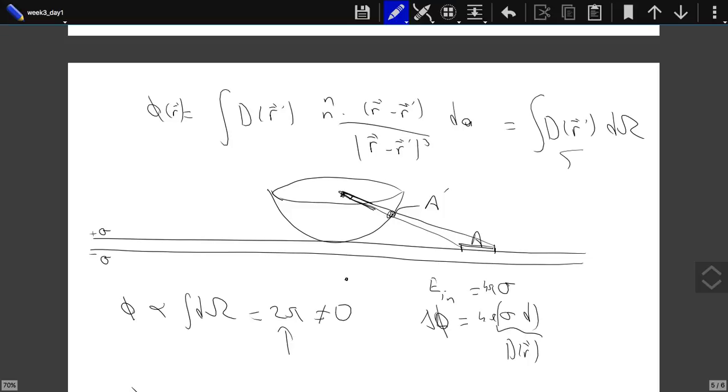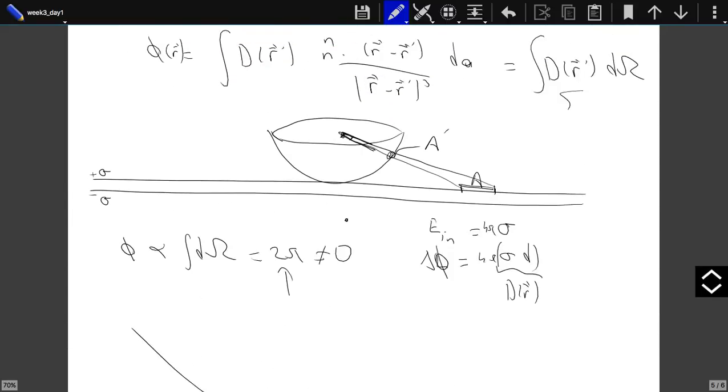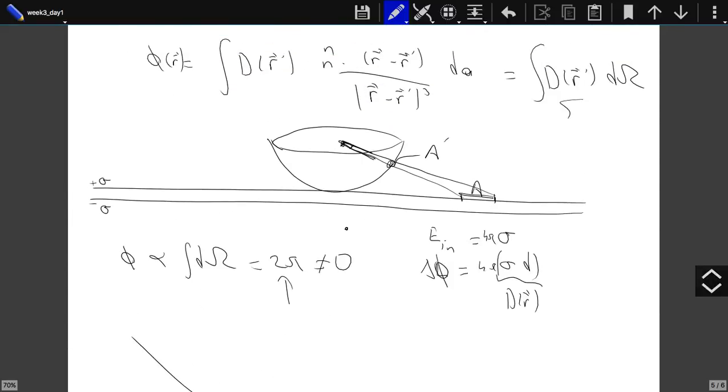If I take this area over here, the area is smaller, but the radius is also smaller. So whatever area I imagine on those infinite plates, they have a corresponding area on the lower hemisphere.